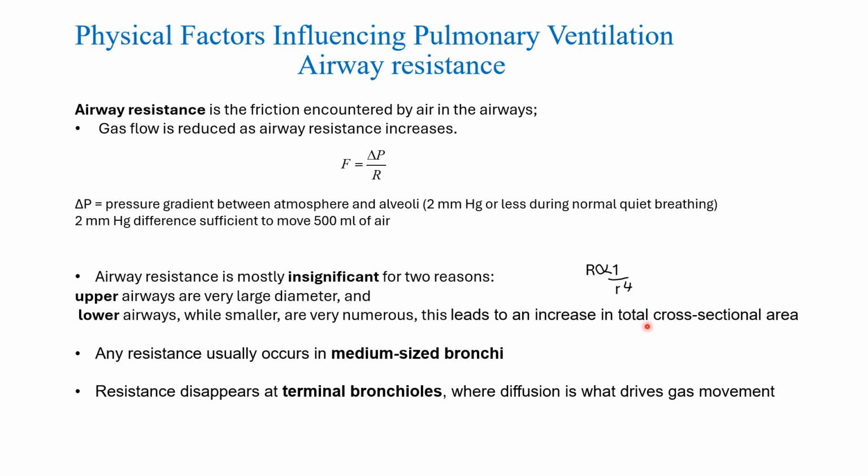So the total cross-sectional area is large, and again the resistance cannot affect as much. So the resistance is important in the medium-sized bronchi only. Also in the terminal bronchi, diffusion is the main force, right? In this, the flow of the air is not the main force. The main force is diffusion. So again, resistance cannot play a role here.